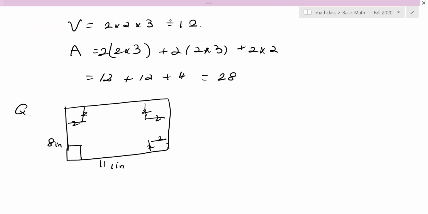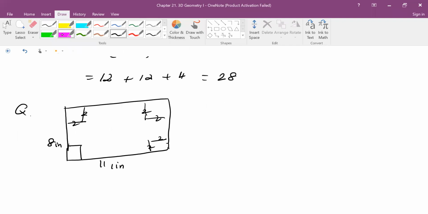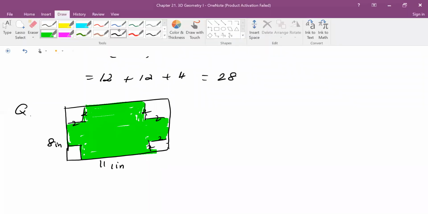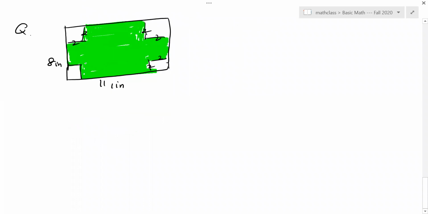So what is remaining after you cut it? This is the remaining part. What I'm going to do is bend it to make a box.